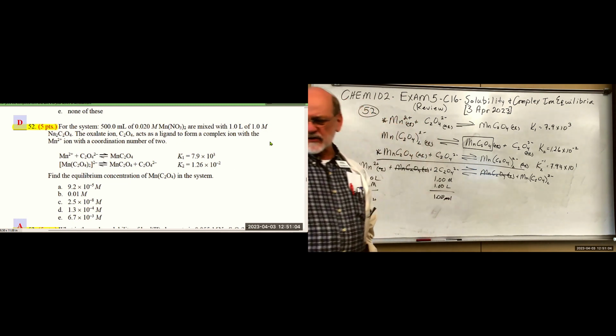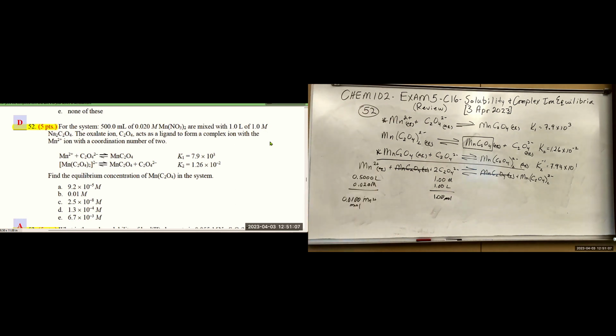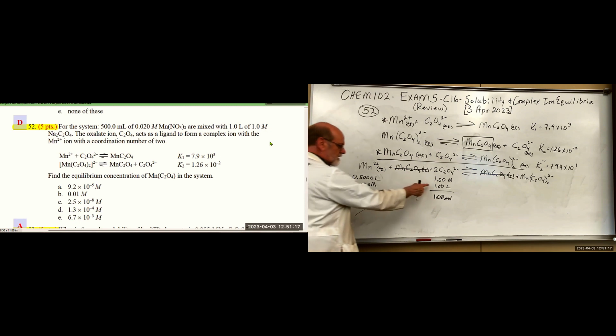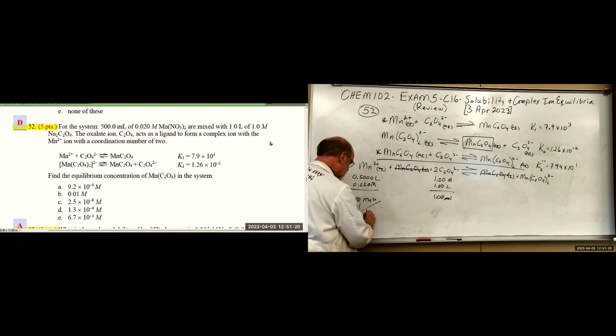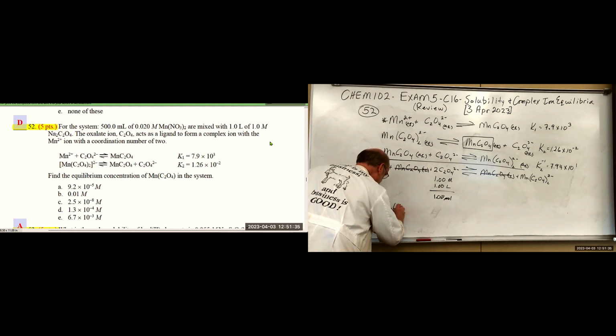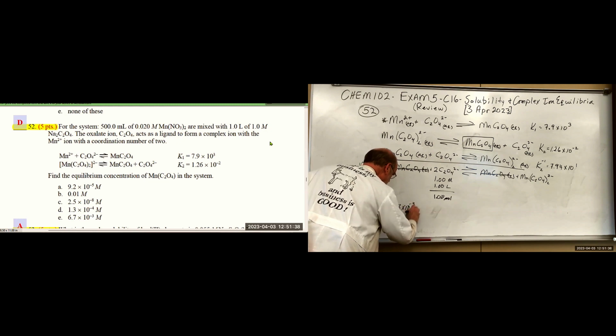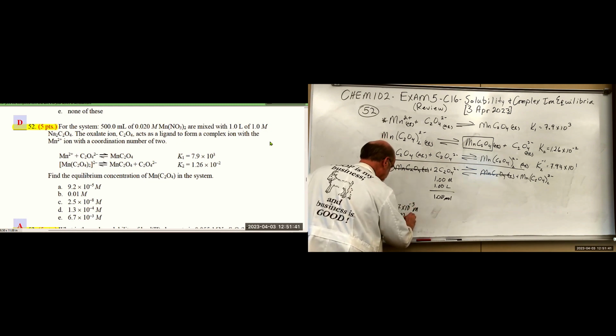Okay, what is their concentration though? Their concentration is going to be this many moles divided by 1.5 liters. So 0.01 divided by 1.5 is 6.67 times 10 to the minus 3 molar manganese.